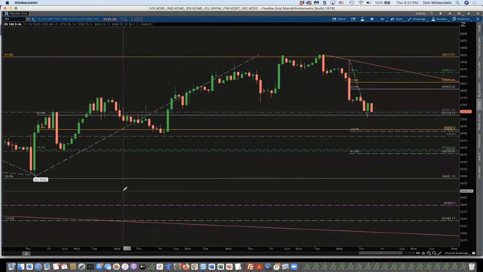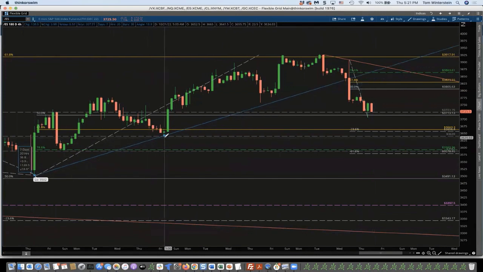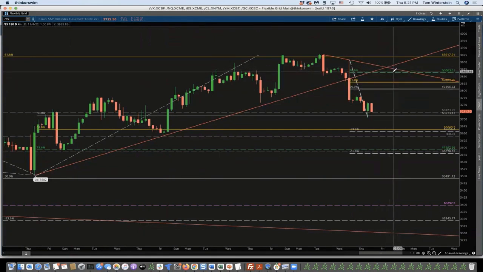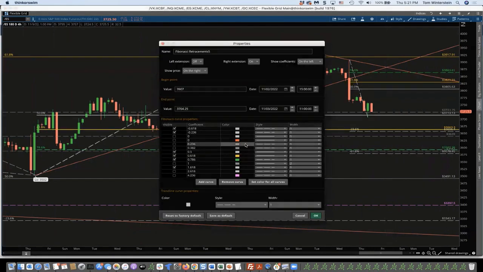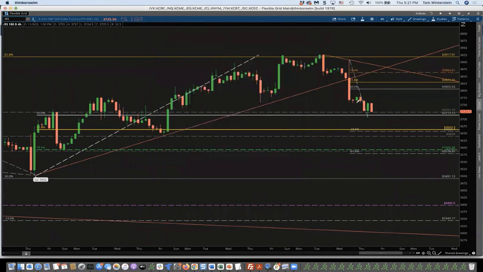This was here, but it's no longer valid for us. Right here, some crosshairs. That would be interesting on a retest if it comes back up to 38.63-ish, that area. And on my battle plans, I'll actually change the colors on this so I don't get confused. I know that's a bearish retracement. The green is a bullish retracement.